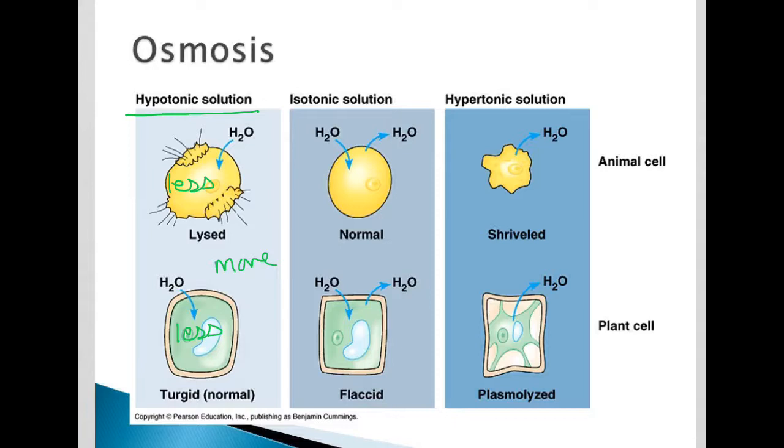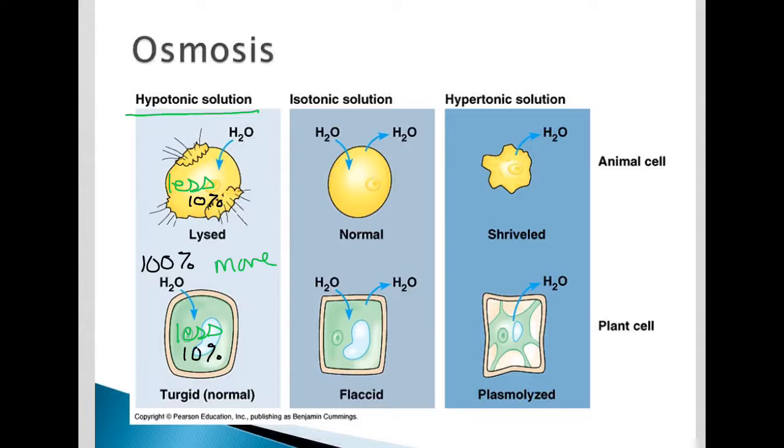Let's get some percentages there. Let's just say we're in pure distilled water, 100% water on the outside, and just for comparison's sake, 10% water on the inside. That's a little low, but there you go. And so as we know, things like to go from a high concentration to a low concentration.